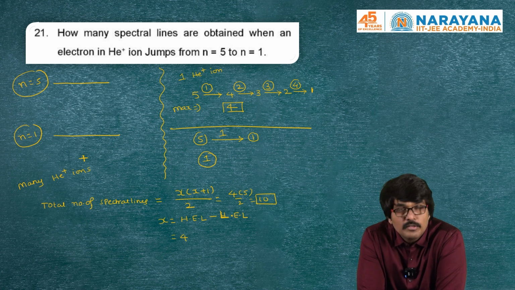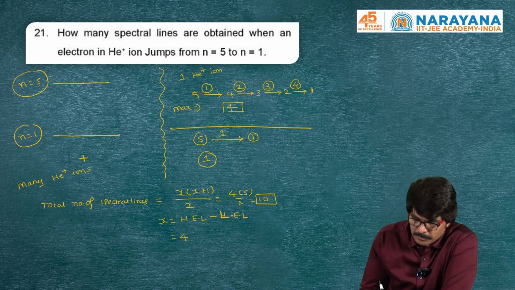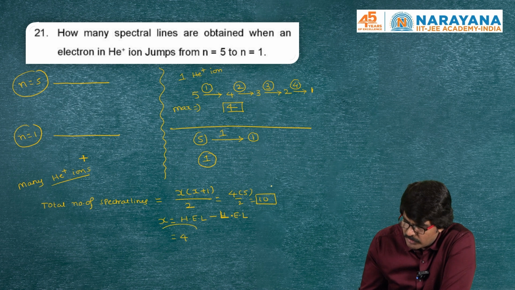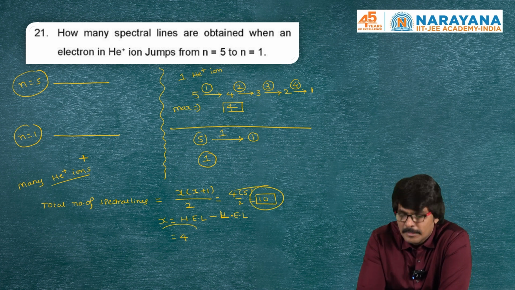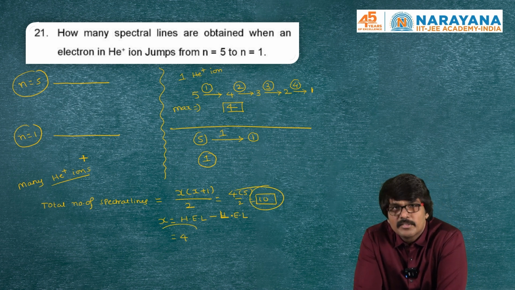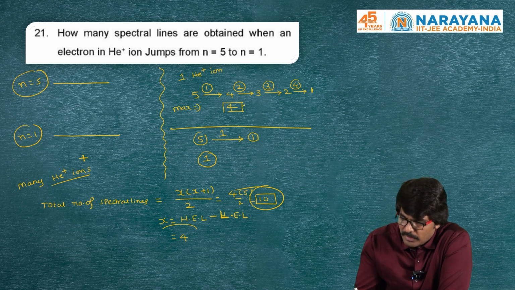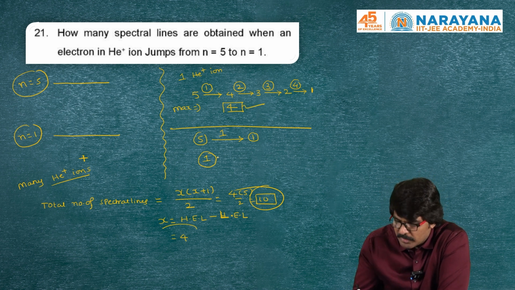It is not saying whether it is maximum or minimum, whether there are many He+ ions or only one, so here are all possible answers. If there are many He+ ions, the total number of spectral lines is 10. If there is only one He+ ion, the maximum number of spectral lines will be 4, and the minimum will be 1.